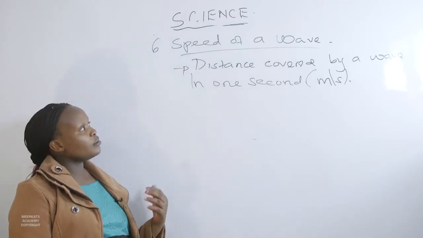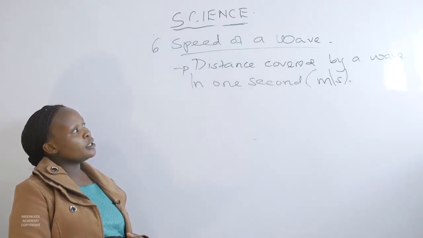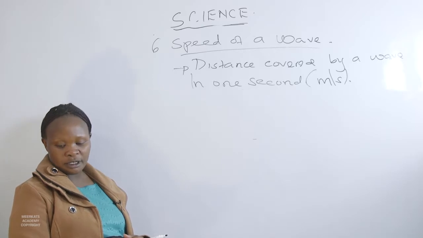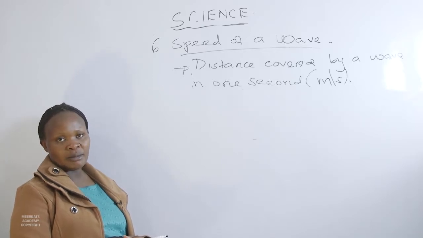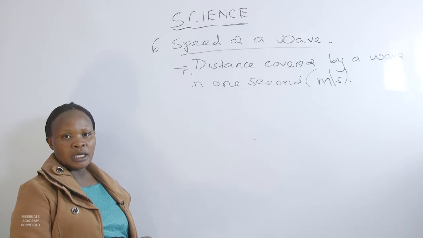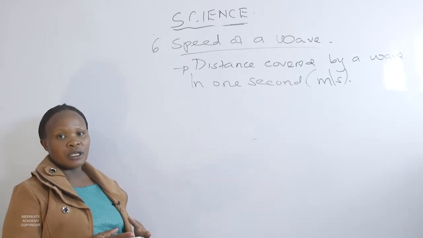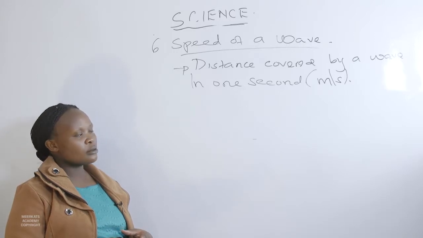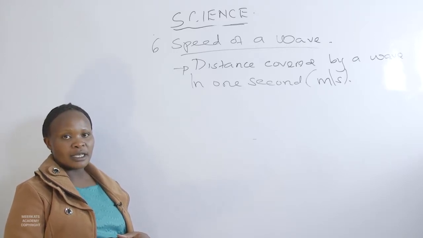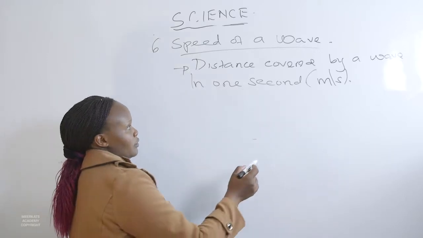The distance covered by a wave in 1 second, we give it in meters per second, just like speed in any other function in physics. This case is no different.